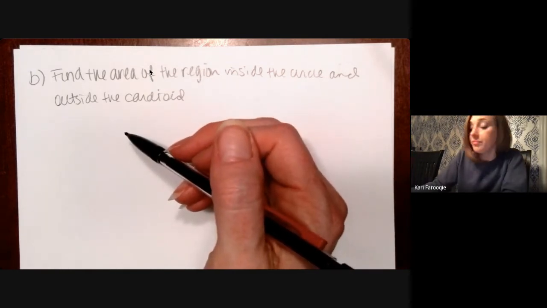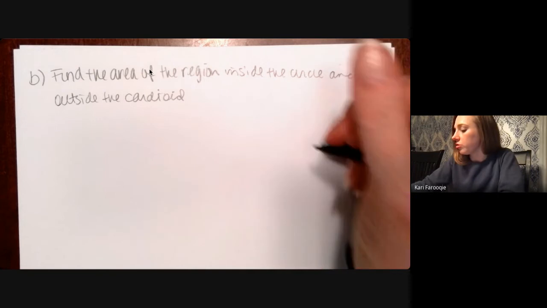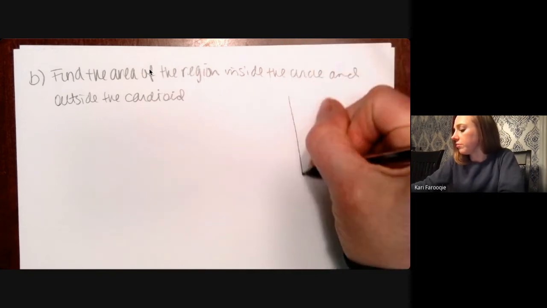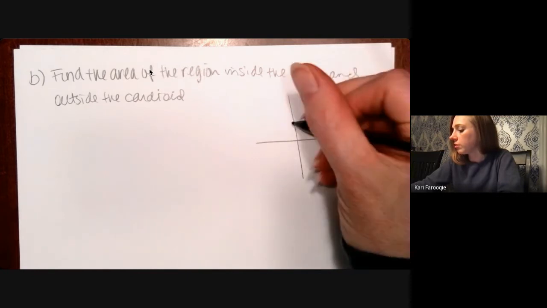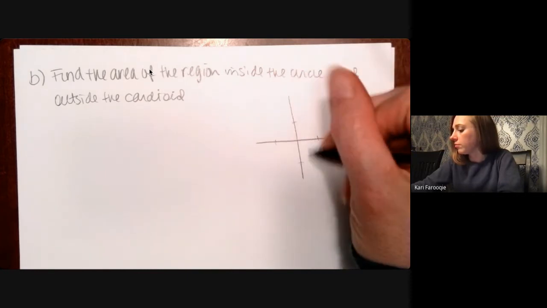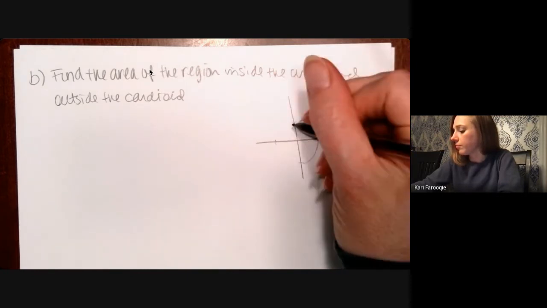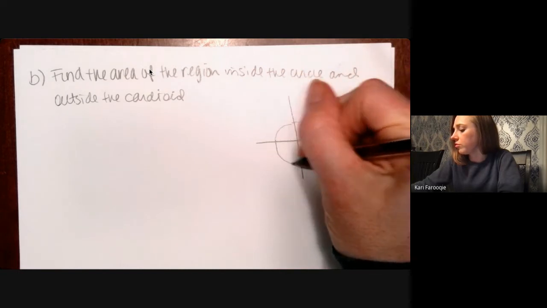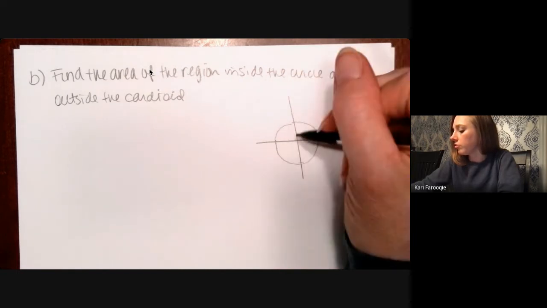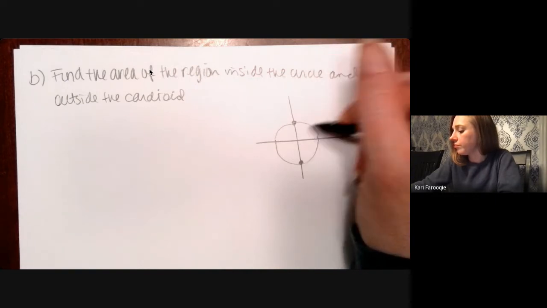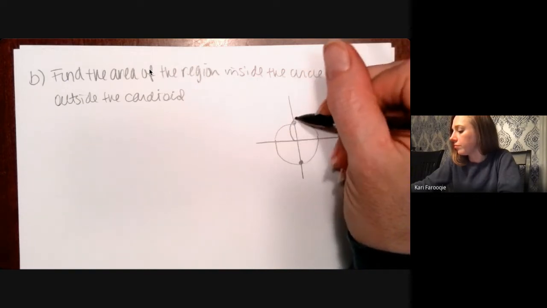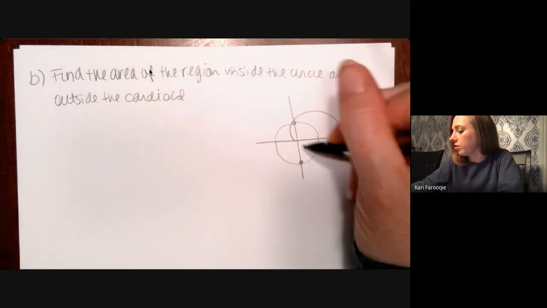Okay, so I'm gonna redraw our picture here. Same idea. We still have this circle with a radius of 1. And we still have this cardioid intersecting your circle at pi over 2 and negative pi over 2. Looks kind of like this.